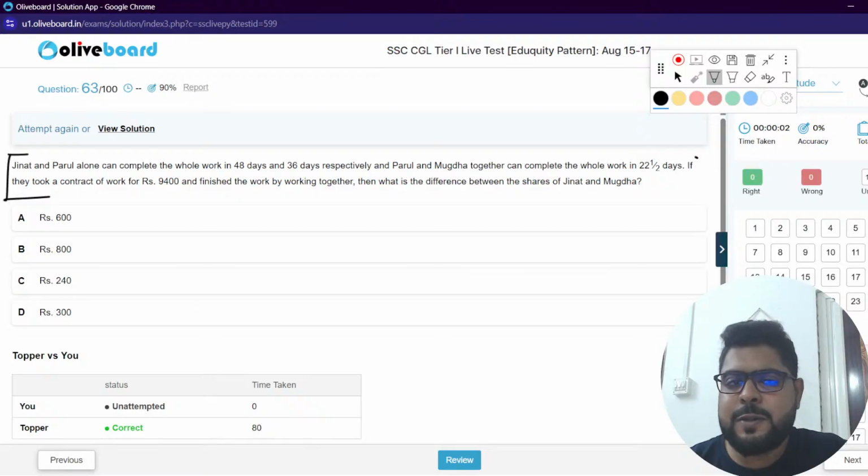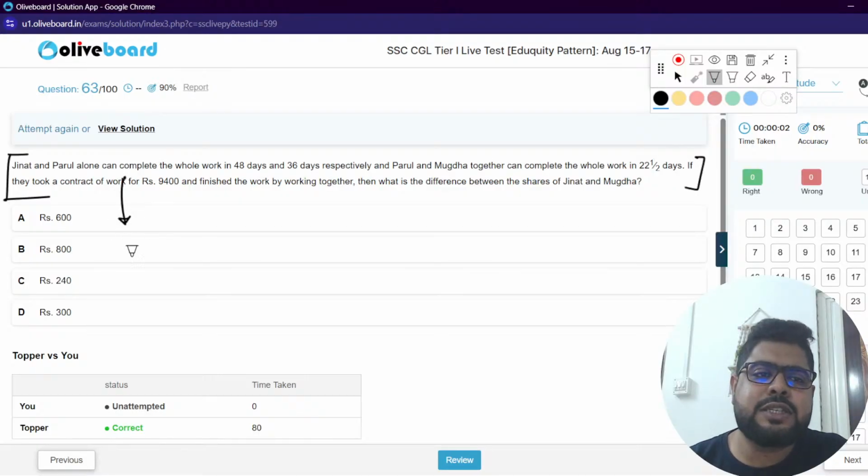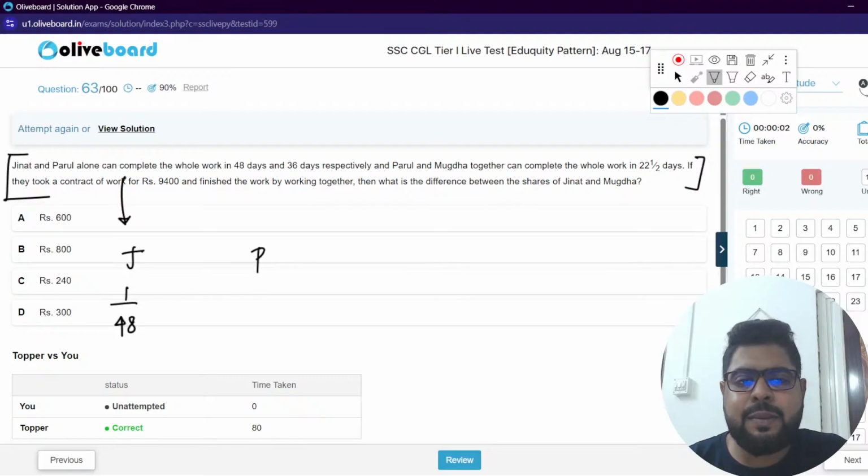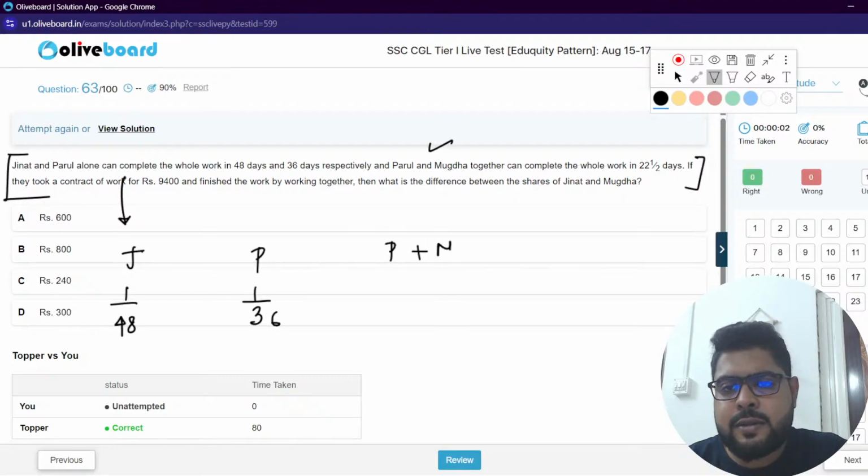Jeenath and Parul can complete the work. So Jeenath and Parul, that is 1 by 48, and the time ratio 1 by 36. And Parul and Mugdha, that is 45 by 2, meaning the opposite is 2 by 45.